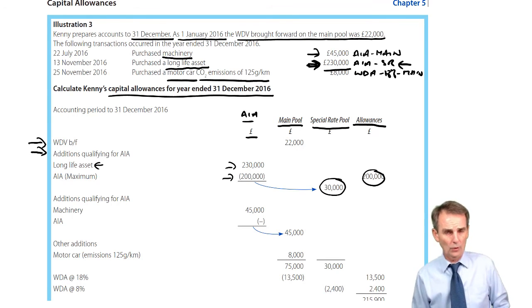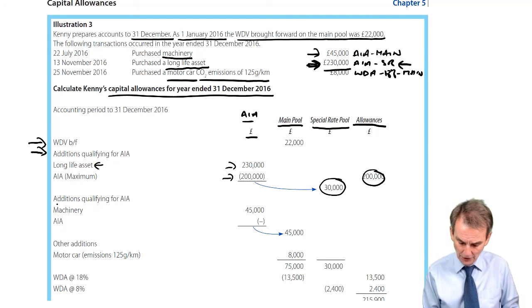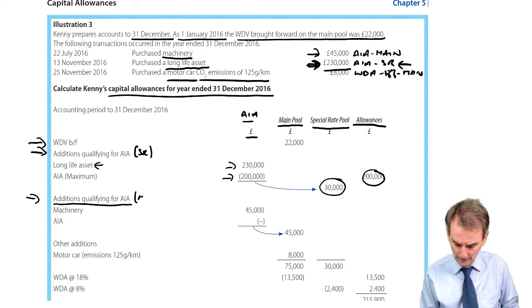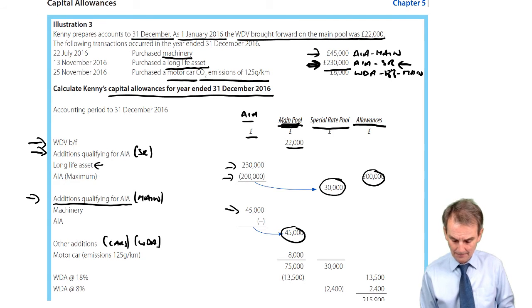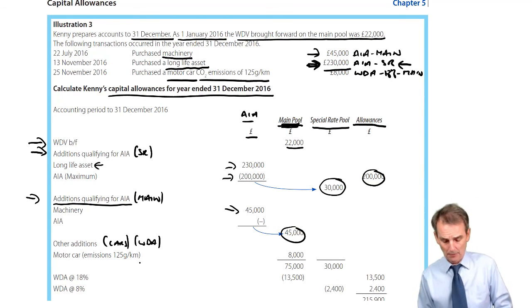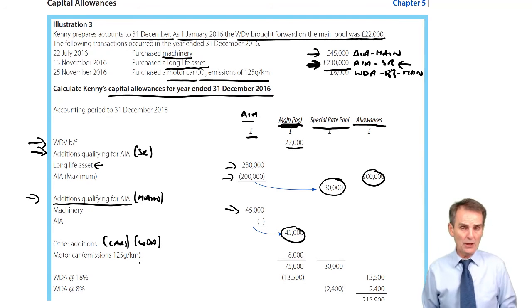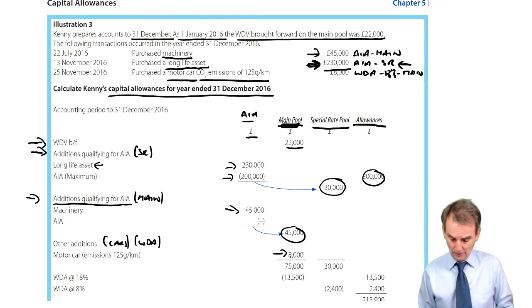Having now used all of your AIA limit, the other additions qualifying for AIA, so the first lot was special rate pool, this is main pool expenditure, the machinery for 45,000. No more AIA available, so the whole 45,000 goes to the main pool, joining the written down value brought forward. Then other additions, cars, of course, that rank for WDA. The emissions with 125 grams per kilometre go, as we've already said, to the main pool. So there's another 8,000 to include.